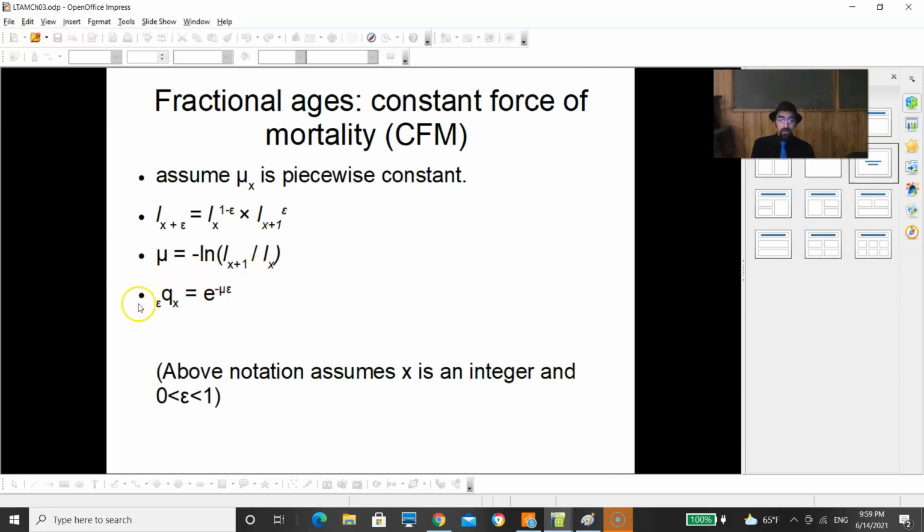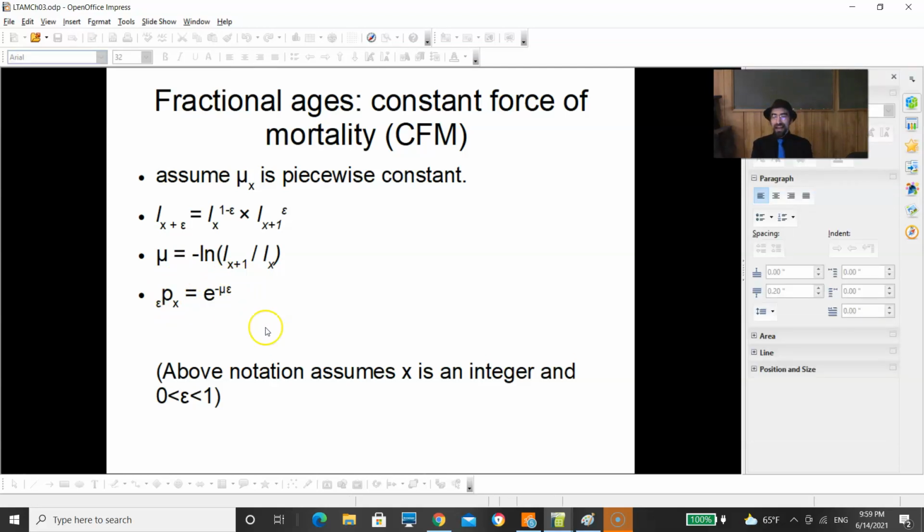And then lastly, the other formula that should be intuitive to you, well, maybe. Hopefully you remember this from exam P. Epsilon px is e to the negative mu epsilon. Locally, just in that fraction of a year, we model the number of survivors as an exponential.